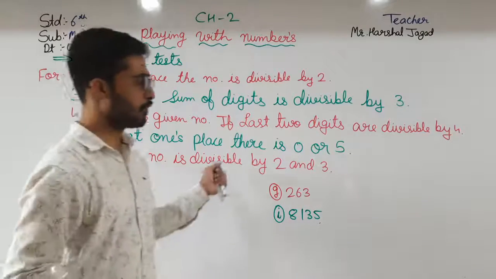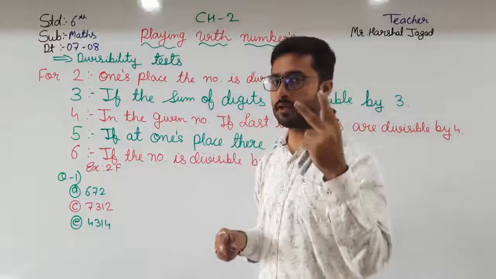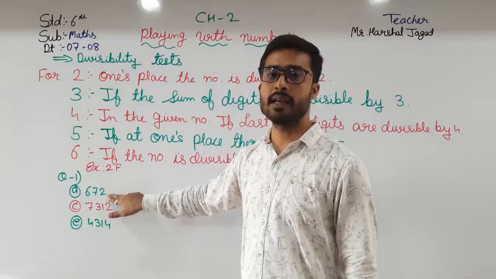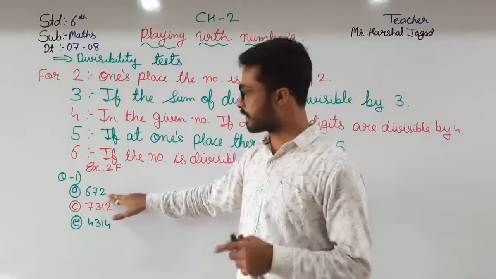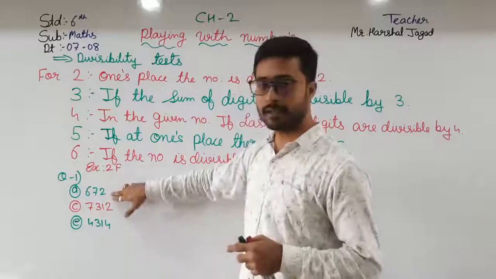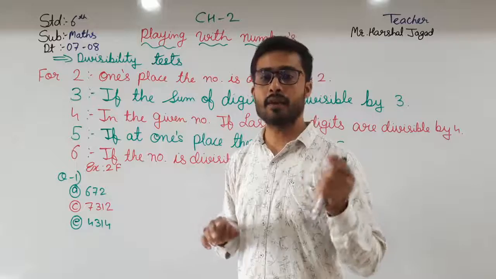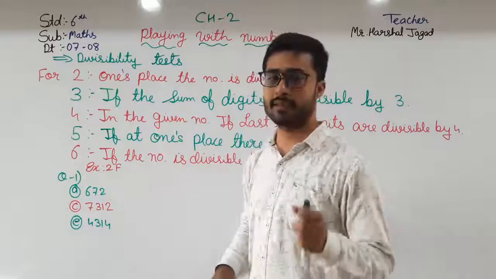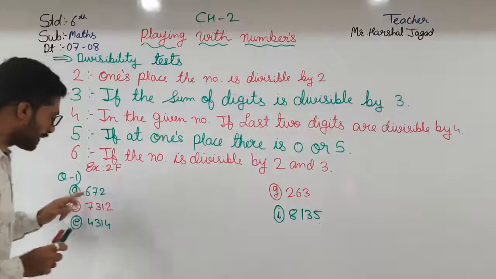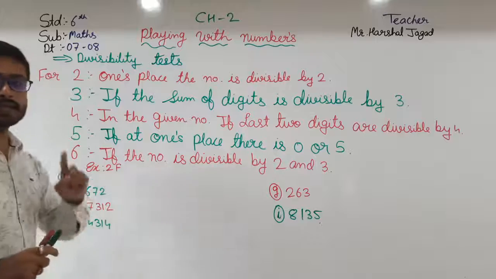Okay, so let us do first of all here for 6, what we have to do, we have to check that number is divisible by 2. Yes, this number 672 is divisible by 2. Why? Because at ones place there is 2, 4, 6, 8 or 0. Now checking for 3. So 6 plus 7, 13. 13 plus 2, that is 15.